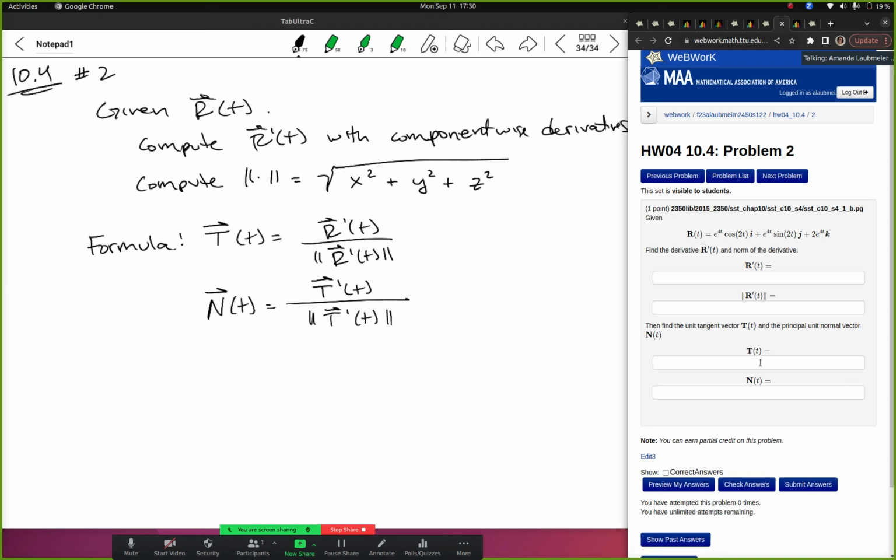And the only reason this is tricky is just because the magnitude in the denominator again makes this like a quotient rule or product rule with negative exponents problem, so that derivative is just kind of tough to take. But you can just directly compute it for each component, and then at the end calculate the magnitude and divide by it.